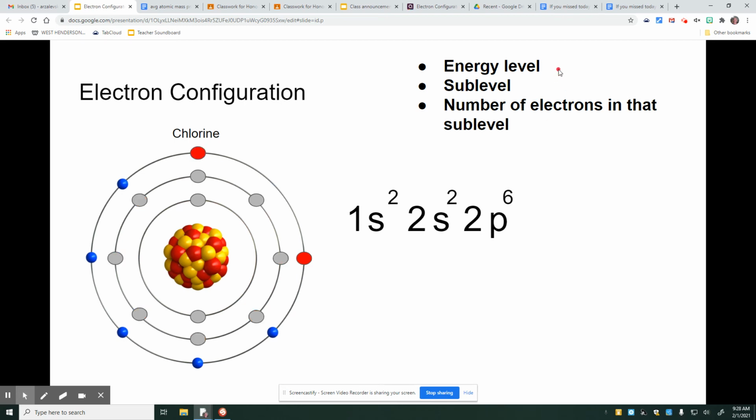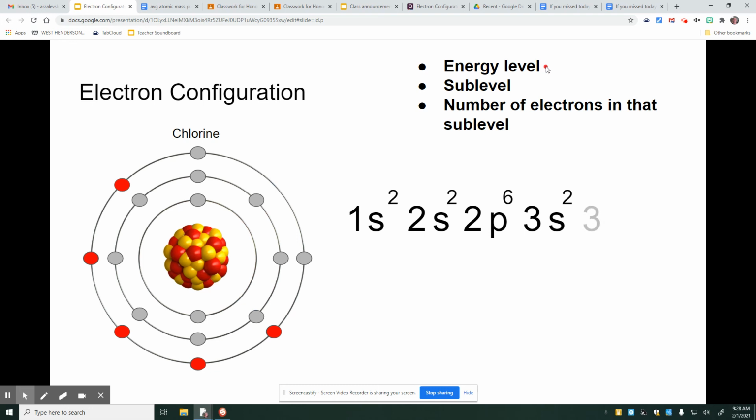Now let's look at these 2. They're on the third energy level. The third energy level has S, P, and D sublevels. S requires the least amount of energy, so it's the one that's going to fill first. S can hold up to 2 electrons, and I have 2 to go in there. Now let's look at the rest of these electrons.